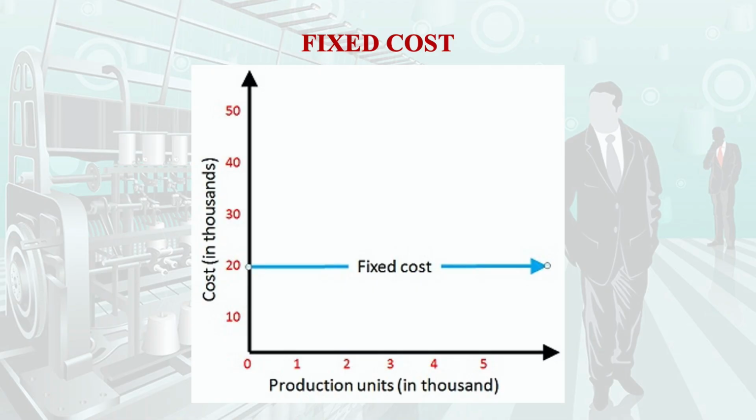Now, if you see the fixed cost graph, on the x-axis you have product units in 1,000s and the cost is on the y-axis, and you will find whether you are producing 1,000, 2,000, 3,000 or 4,000, the fixed cost remains the same. That is the beauty of fixed cost. But sometimes fixed cost also steps up, which we will come to as step-up fixed cost.